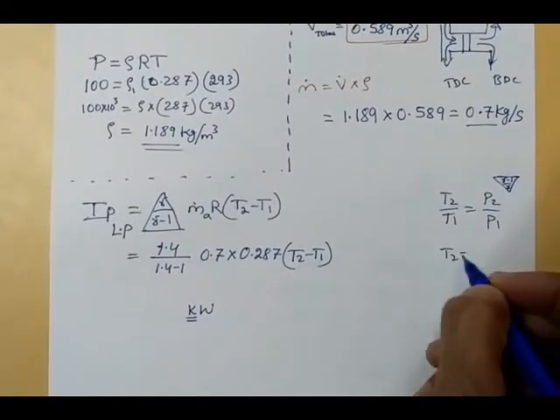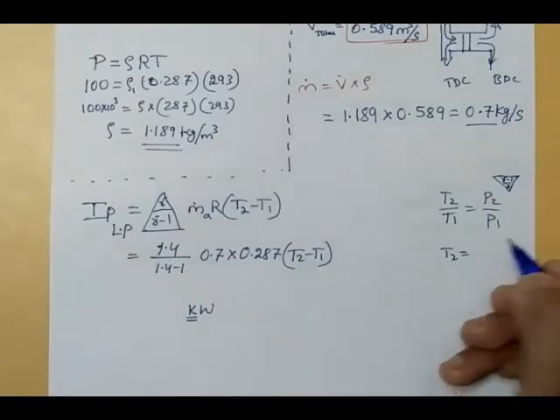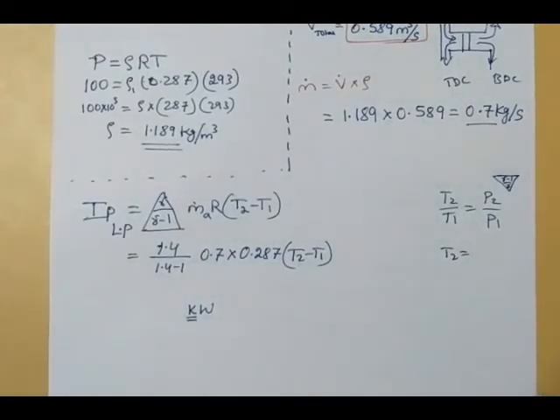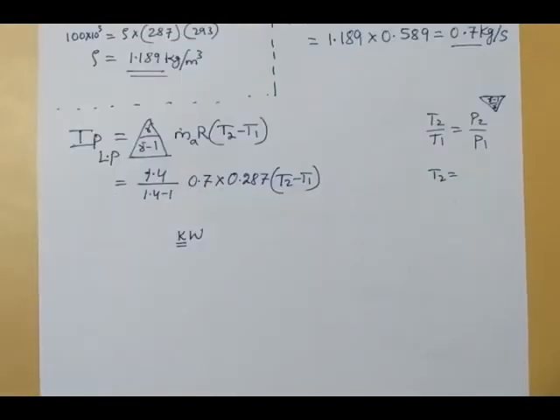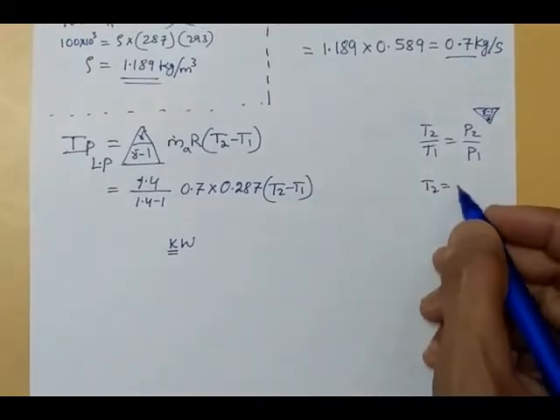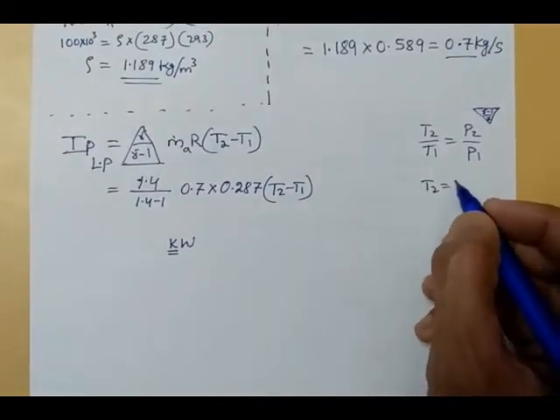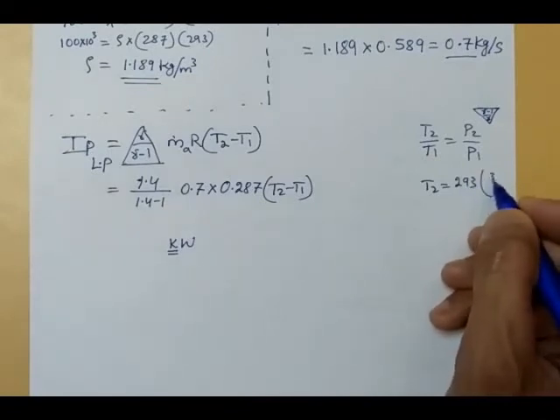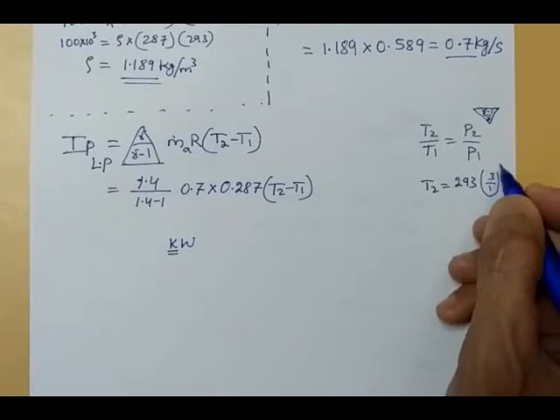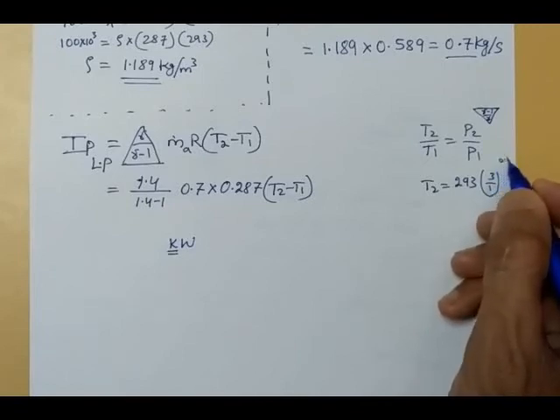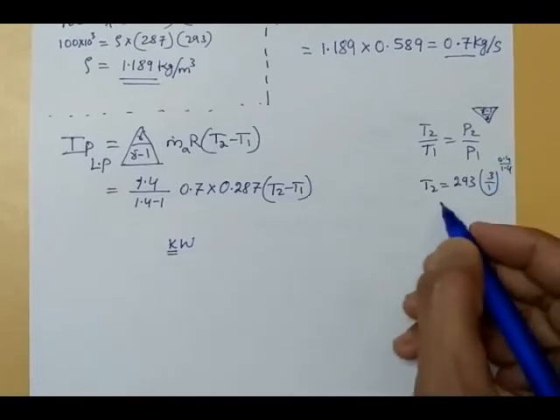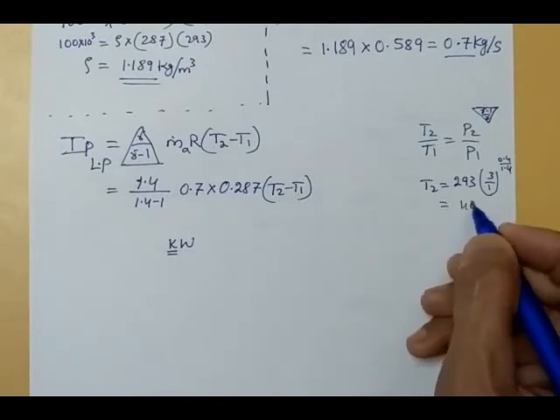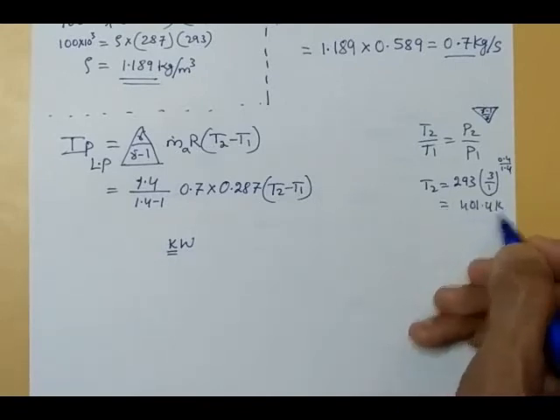So T2 becomes T1 293, P2 3 by 1 to the power 0.4 by 1.4. So the answer is 401.4 Kelvin.